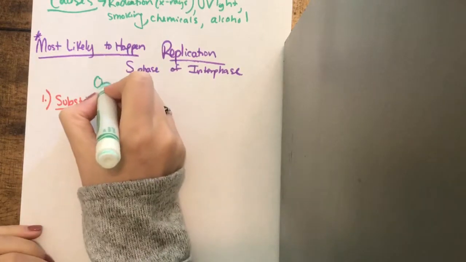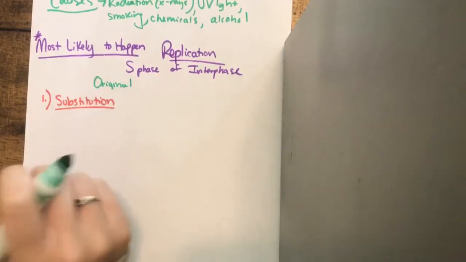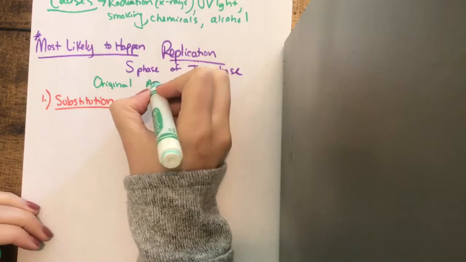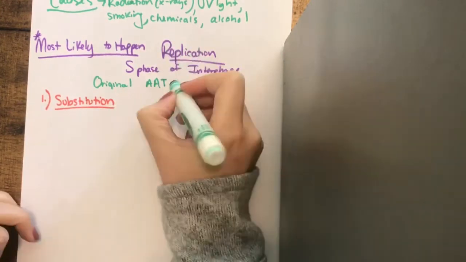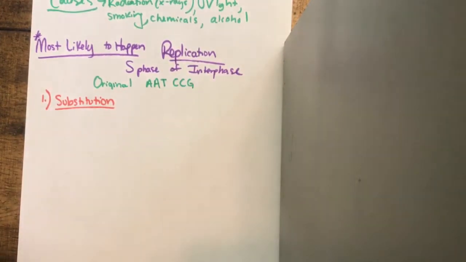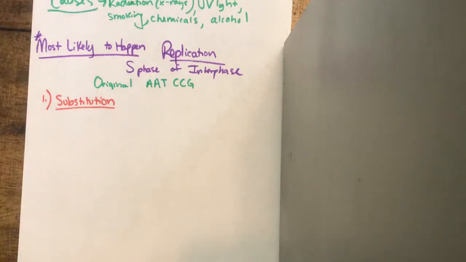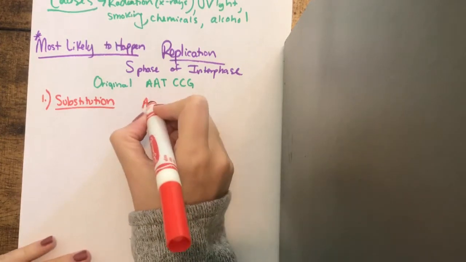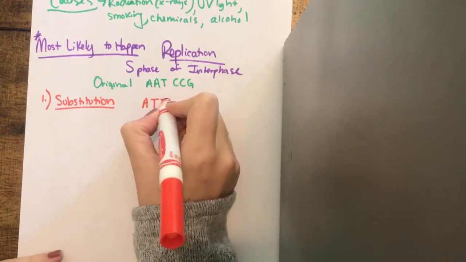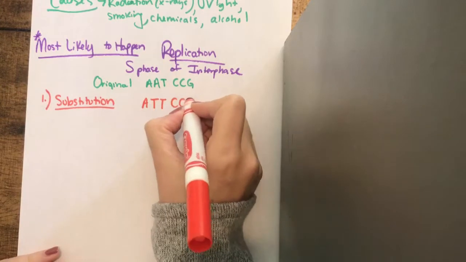The original strand is going to be A, A, T, C, C, G. Alright, and so in substitution, it's just like during a sport. So if the coach substitutes a player, one player goes out and another one goes in. So we are going to swap an A for a T. So it's going to be A, T, T, C, C, G.